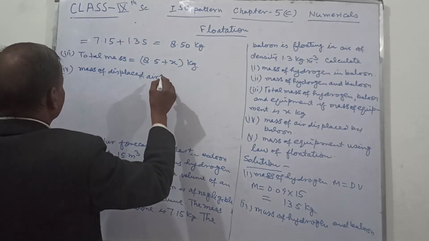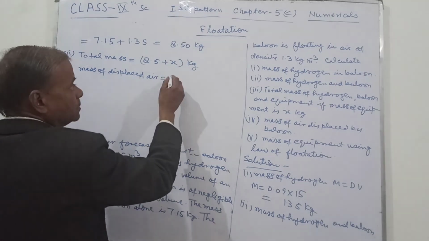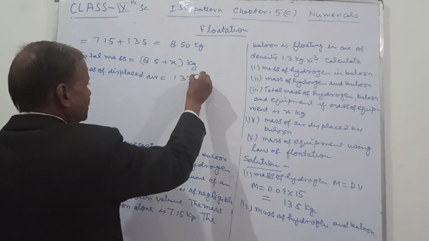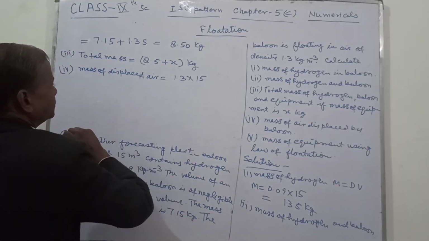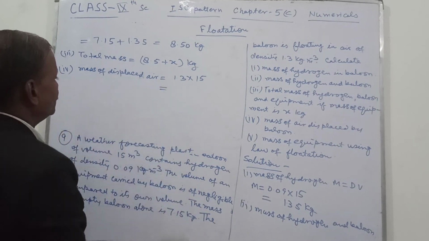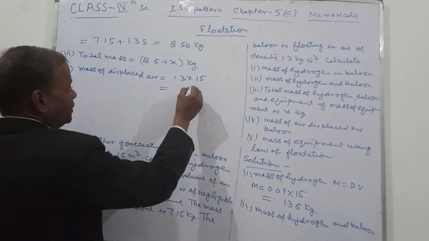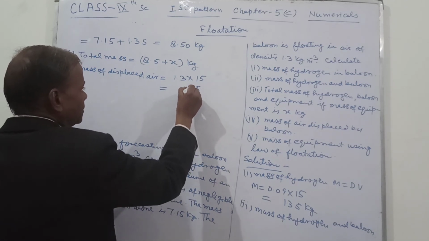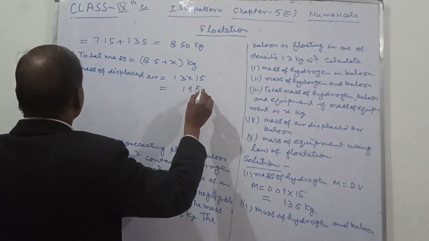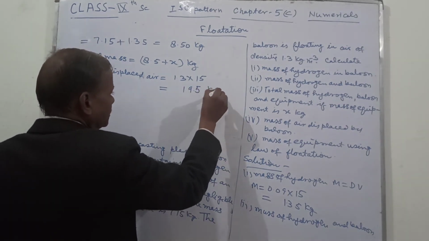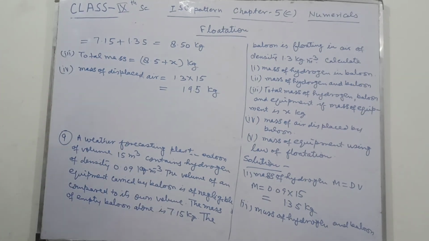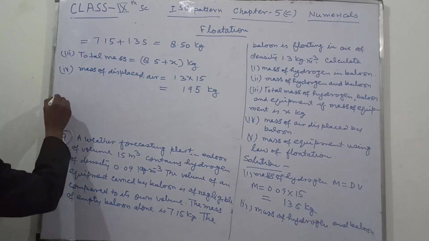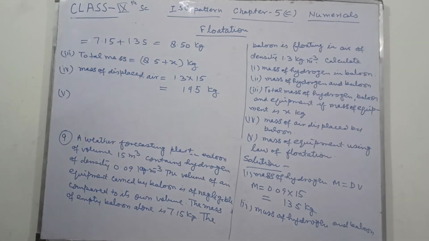So this is now 1.3 into 15, mass is volume into density. So 15 into 13 is 195, so this is 19.5. So much is the mass of the air displaced, 19.5.